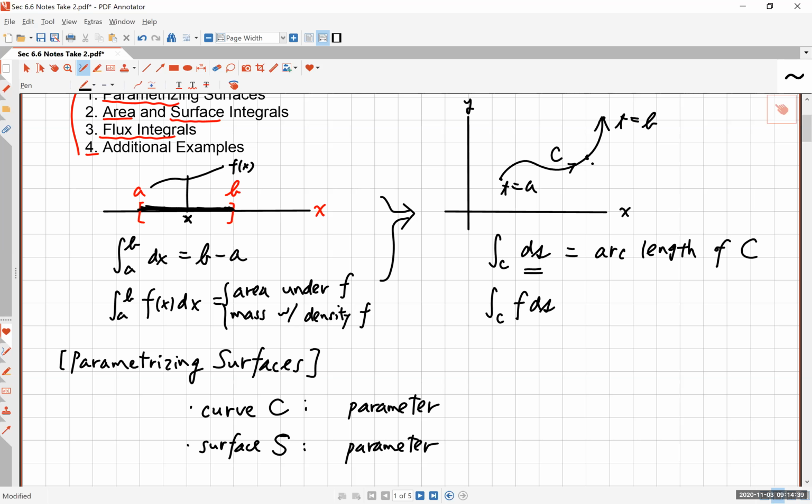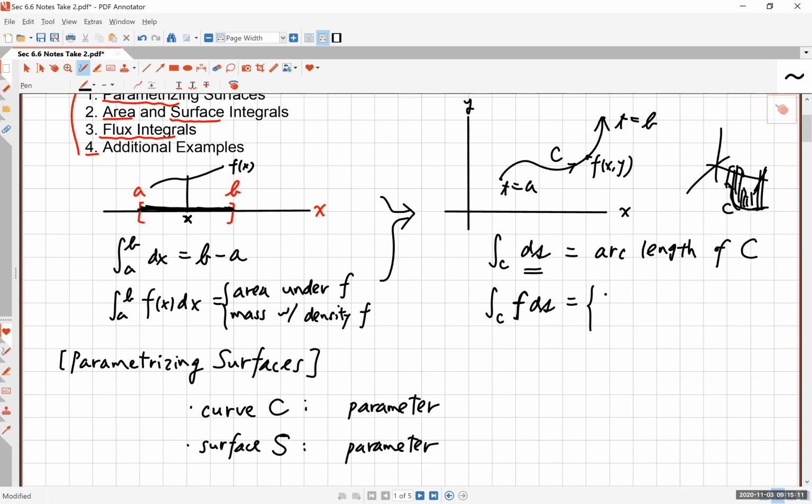But if every single point has a real value f of x, y defined, then we can integrate that function f along C. Imagine, if this is a curve like this, and the value of the function is defined as the z value, the height. So you basically have this curtain or fabric standing on top of every point x, y on this curve C, right?